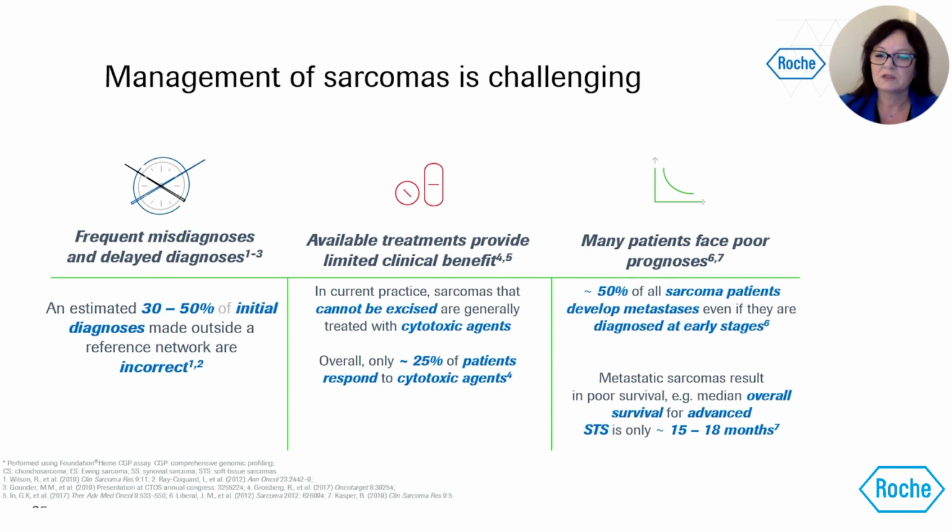Overall, only approximately 25% of patients respond to cytotoxic agents. Many patients face poor prognosis. Approximately 15% of all sarcoma patients develop metastases, even if they are diagnosed at an early stage. Metastatic sarcomas result in poor survival. Median overall survival for advanced soft tissue sarcoma is only 15 to 18 months.